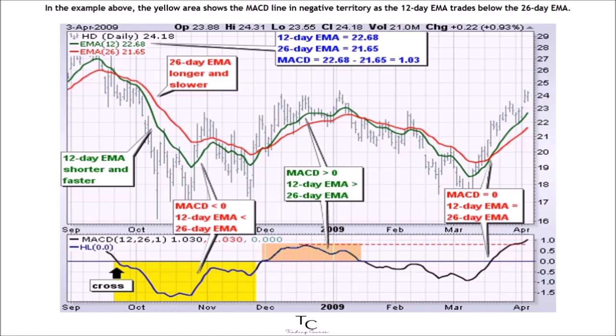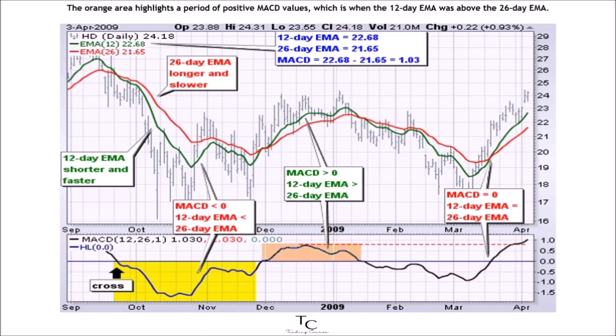In the example above, the yellow area shows the MACD line in negative territory as the 12-day EMA trades below the 26-day EMA. The initial cross occurred at the end of September. Look at the black arrow: the MACD moved further into negative territory as the 12-day EMA diverged further from the 26-day EMA.